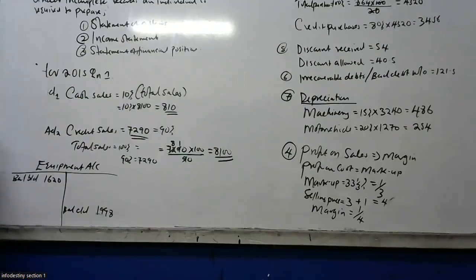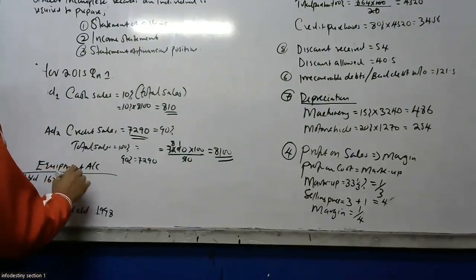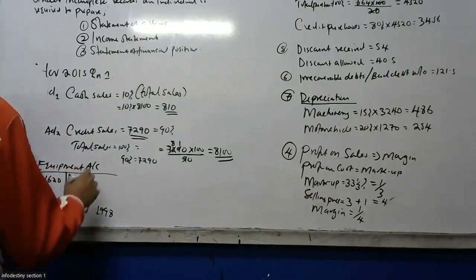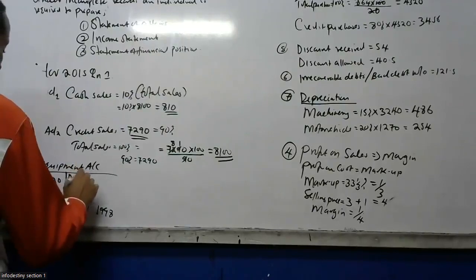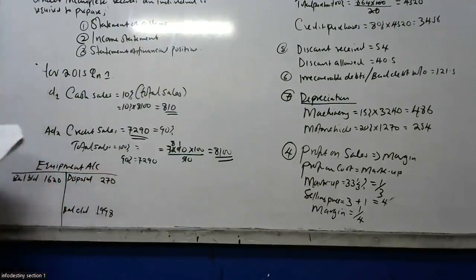Then we are told that we have equipment which was sold, a disposal with a net book value of 270.